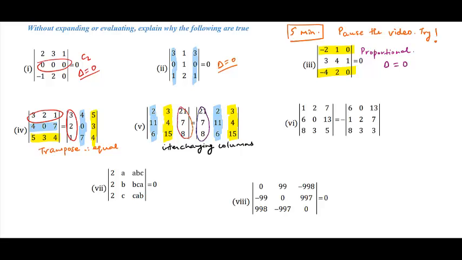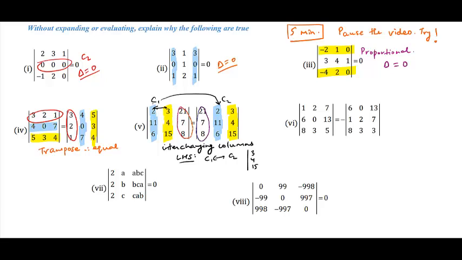So in the left hand side, let's say I want to send this column C1 to the position C2. So let's say we first interchange C1 with C2. Now when I interchange C1 with C2, I get something like 3 4 15. C2 comes here, right?